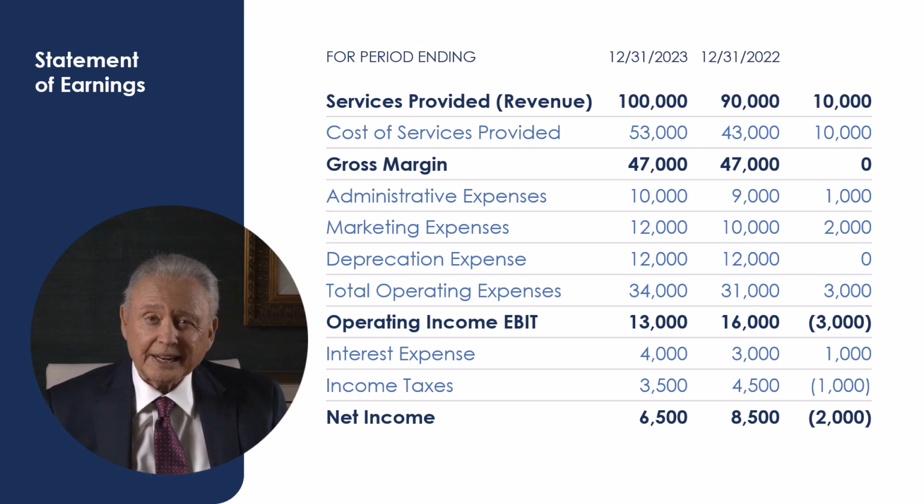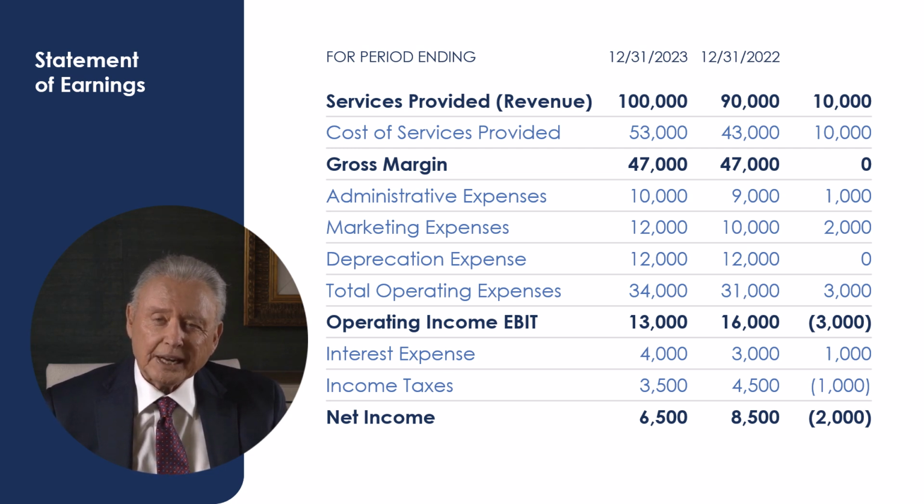We see that operating expenses were in total $34,000 in 2023 and $31,000 in the previous year. As such, EBIT is $13,000 in 2023 and $16,000 in the previous year. Consider sales are up by $10,000 in the current year, yet operating income, or EBIT, is $3,000 lower in 2023 than 2022.